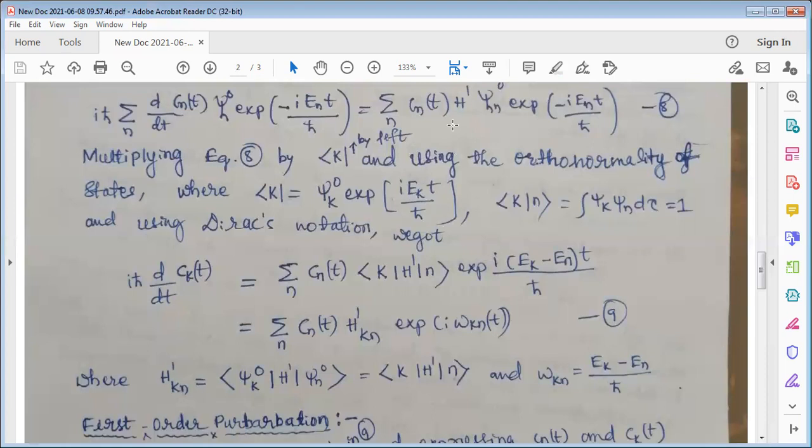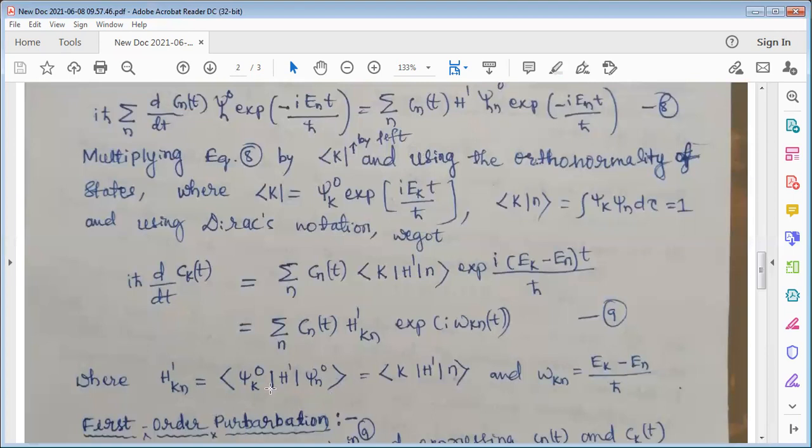And this psi k h dash psi n of 0 is written as a matrix element here, and this is equal to summation over n Cn of t, and I am writing this in another short form as h dash kn, and exponential of i omega kn t.